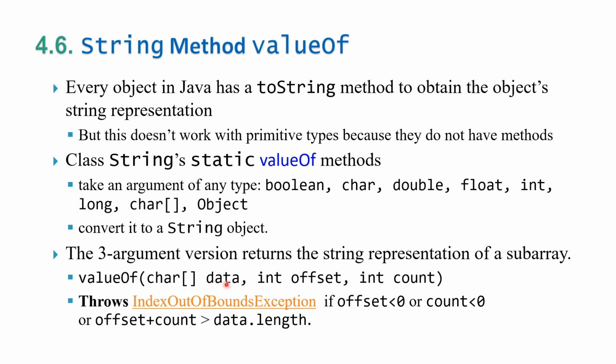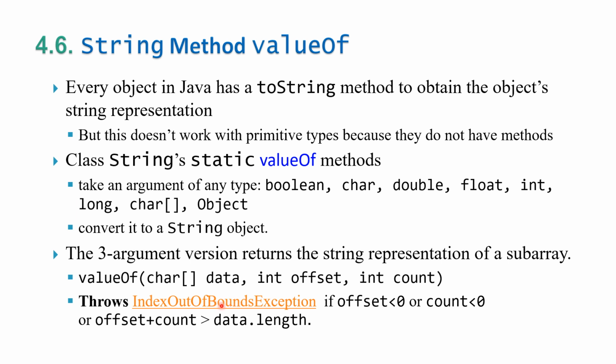The 3 argument version returns the string representation of a specific subarray of the char array argument. Argument offset specifies the starting index from which the characters are used. Argument count specifies the number of characters to be used.